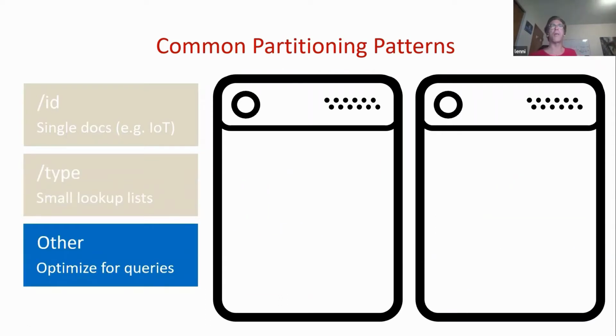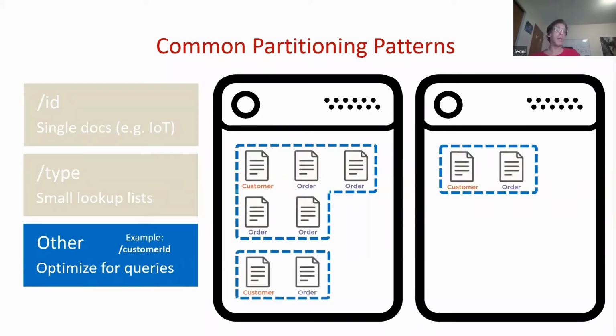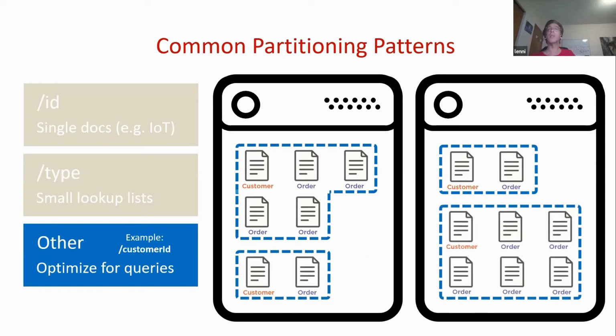Other patterns, there are numerous. We're not going to go into all of them, and they're going to depend on your most common querying patterns. You're going to want to satisfy your most common querying patterns. For an example, I gave an example already with the username in a social networking scenario. In an e-commerce scenario, it might be customer ID, where again, within the same logical partition, you have documents of different types.